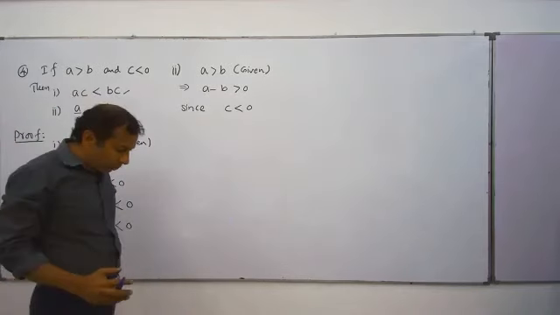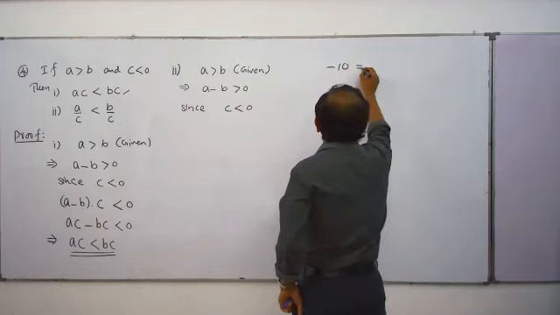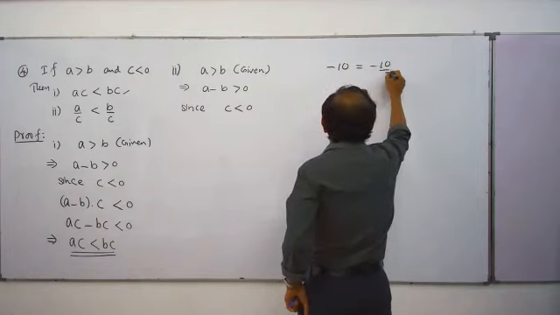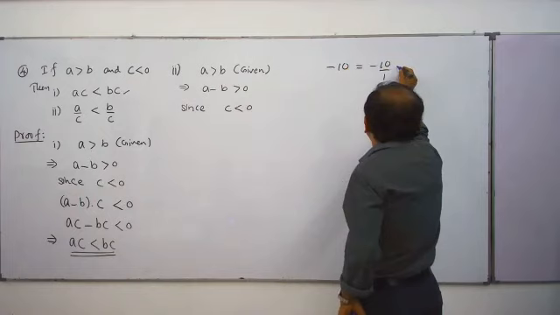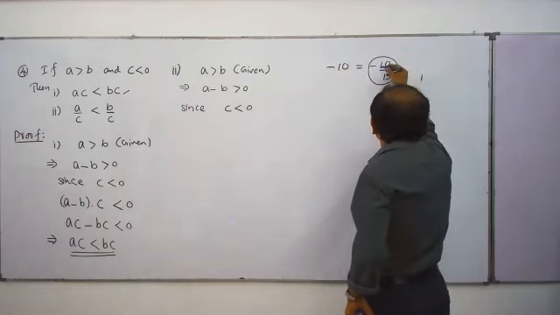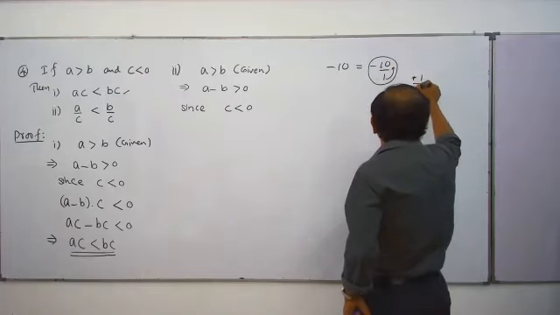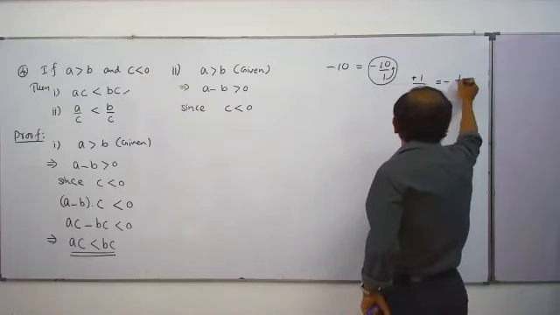Right, people, now suppose we have minus 10. Minus 10 means really what? Minus 10 divided by 1. If we find the reciprocal of this, what is reciprocal? 1 goes to numerator, this minus and 10 come into denominator. Then here we have plus, this is minus, then this is minus. Minus 1 upon 10.